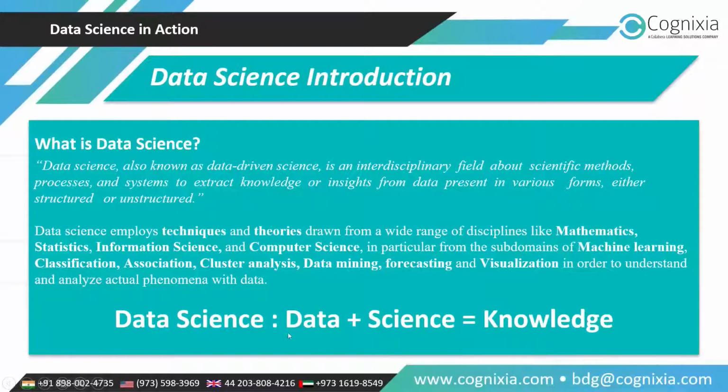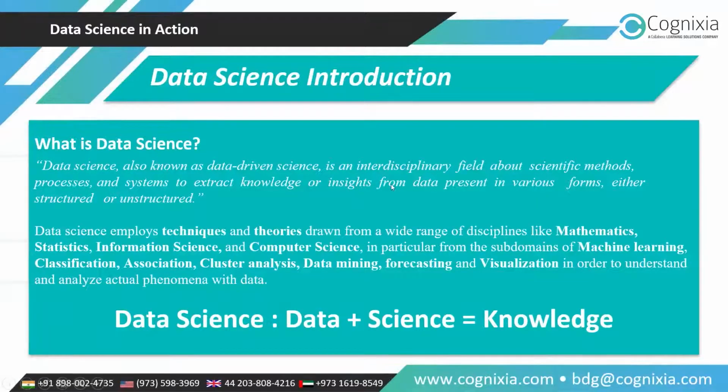When we combine these two things together in order to extract the unobvious knowledge, not the obvious knowledge, the insights from the data, that process is known as data science. Here I would like to complete our first topic.